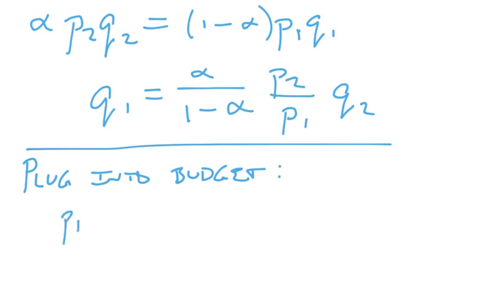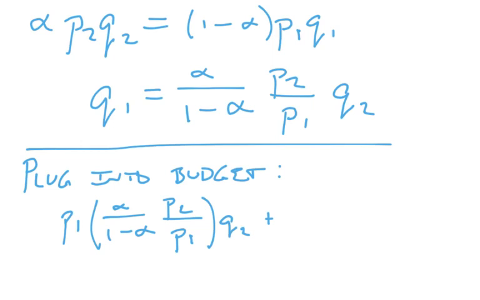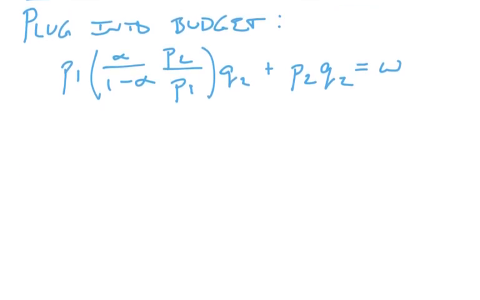This said that P1 Q1, which we now have a formula for, which is alpha over 1 minus alpha, P2 over P1 times Q2, so that's P1 times Q1 with Q1 replaced by that whole expression, plus P2 Q2 should add up to the consumer's wealth, their budget that they want to spend.